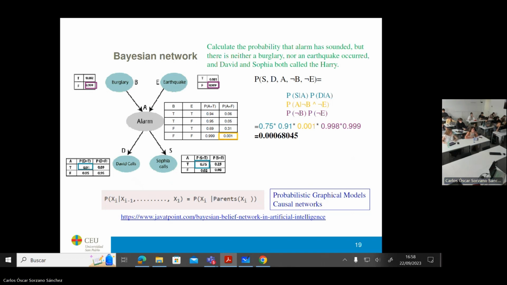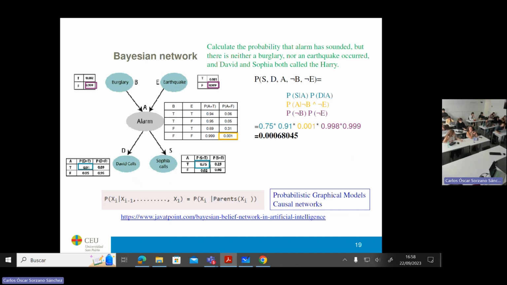So if there is, let's say, if, this is confusing. So if there is no burglary and there is no earthquake, the alarm will sound with probability 0.001.